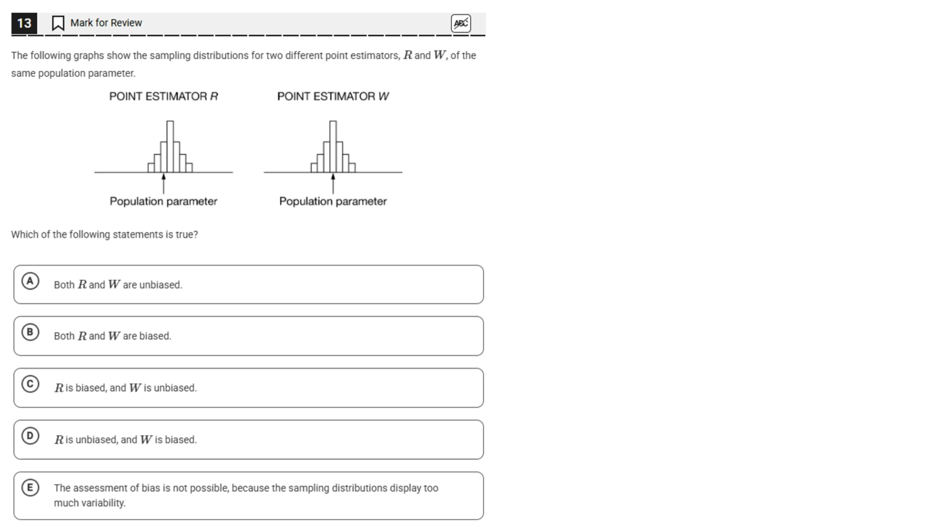It says the following graphs show the sampling distribution for two different point estimators R and W of the same population parameter. Which of the following is true? Okay. Basically, this one is biased. If this is the true value, but the distribution is centered over here, that means this is biased. This one is centered around the parameter, so this is unbiased. Now, for the record, the actual shape doesn't matter.